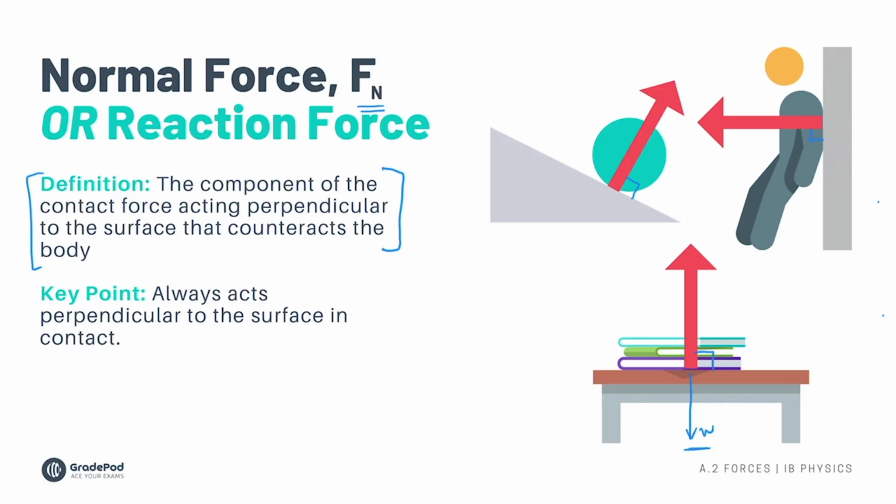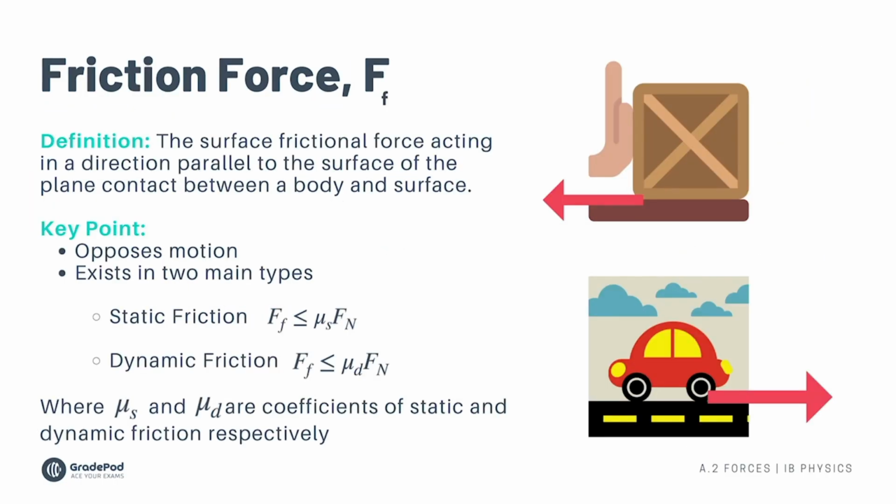Next, we'll look at the frictional force, and in IB physics, the notation is F subscript F. The definition is the surface frictional force acting in a direction parallel to the surface of the plane contact between a body and surface. So you can see this frictional force here with the box being pushed along the surface.